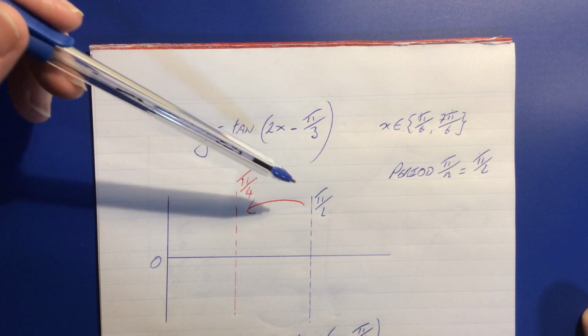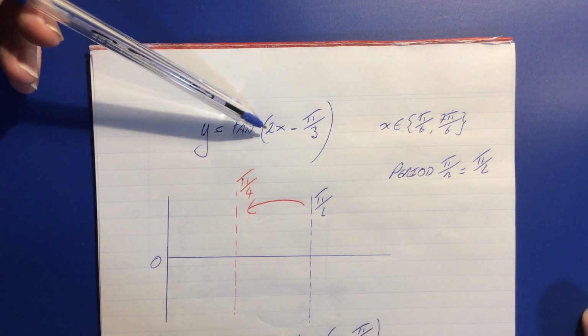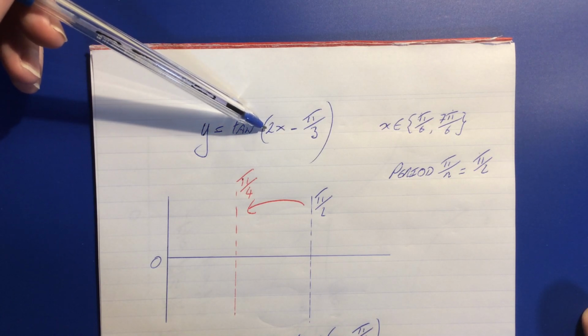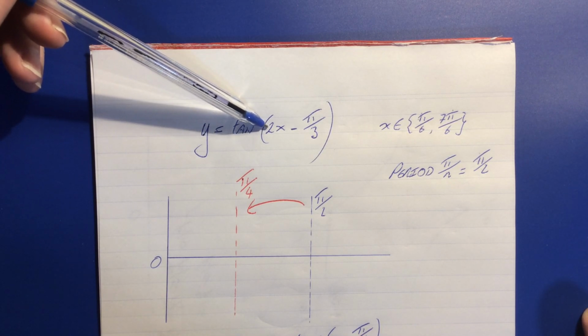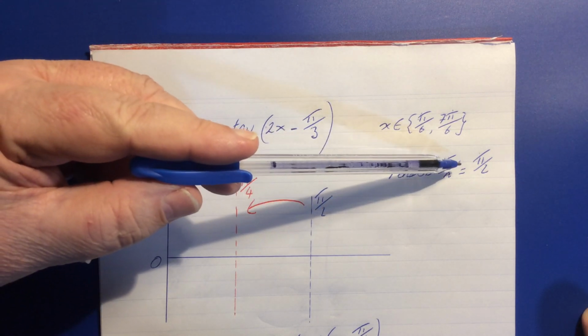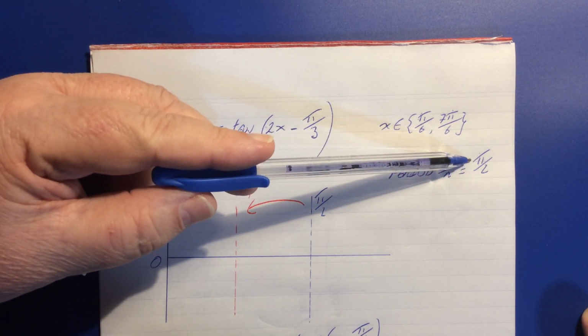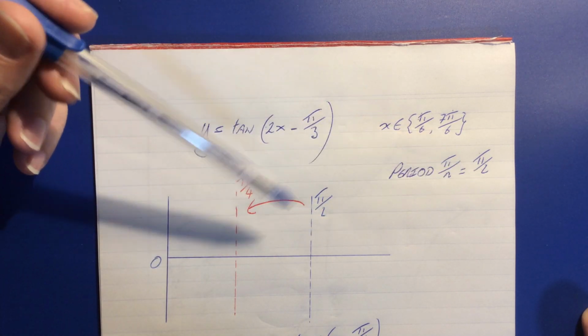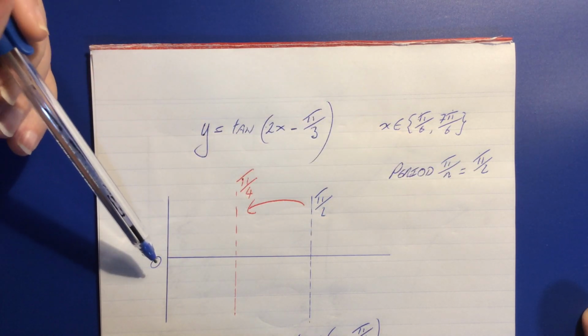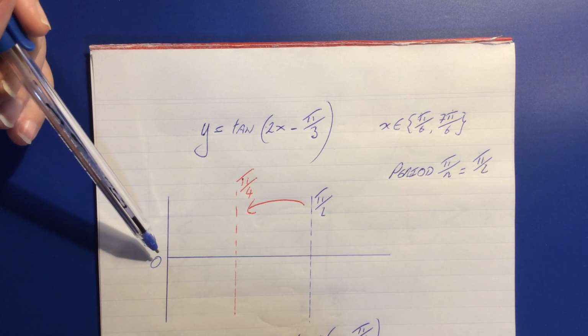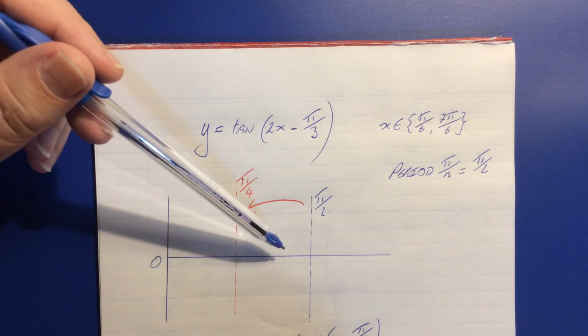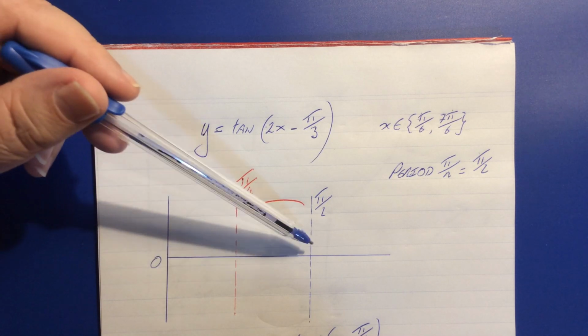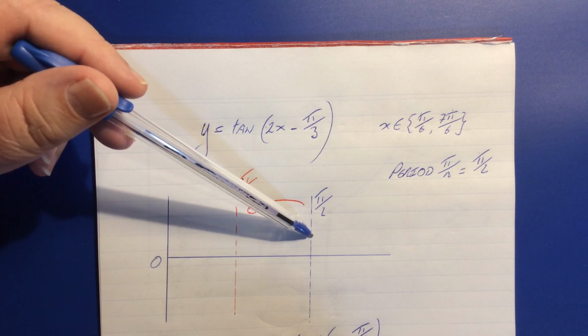Now, the first thing I'm going to do is deal with this 2 here. This is n, and so our period is pi on 2. Normally an ordinary tangent graph would have a period of 1 pi, which means that we would start off with an asymptote at pi on 2, 90 degrees.